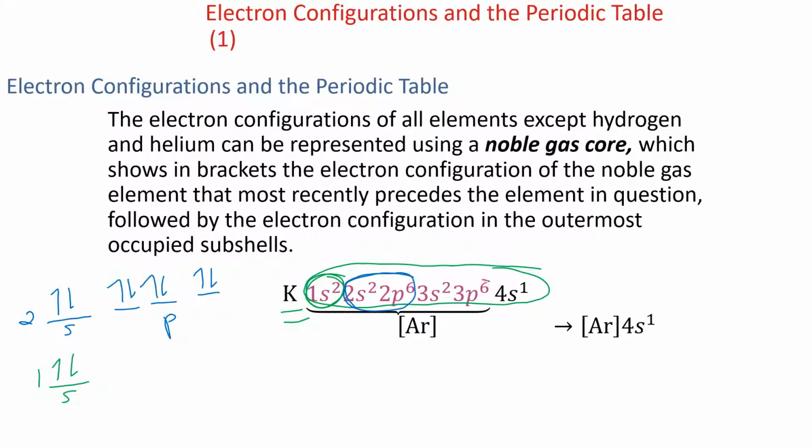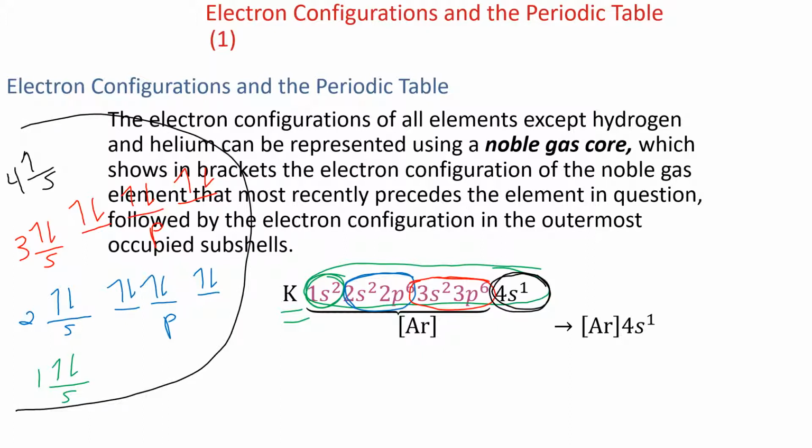It has 8 electrons in 3s, 3p. And then finally, it has 1 electron in 4s. Okay, that's the big, long, drawn-out way of writing out the electron configuration. This is how we notate it.